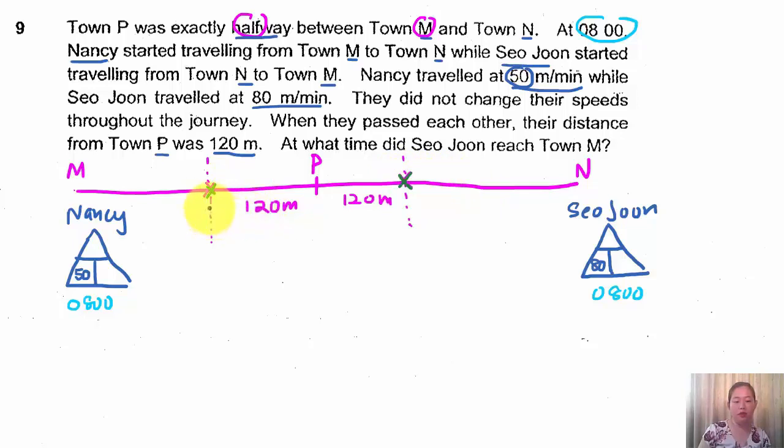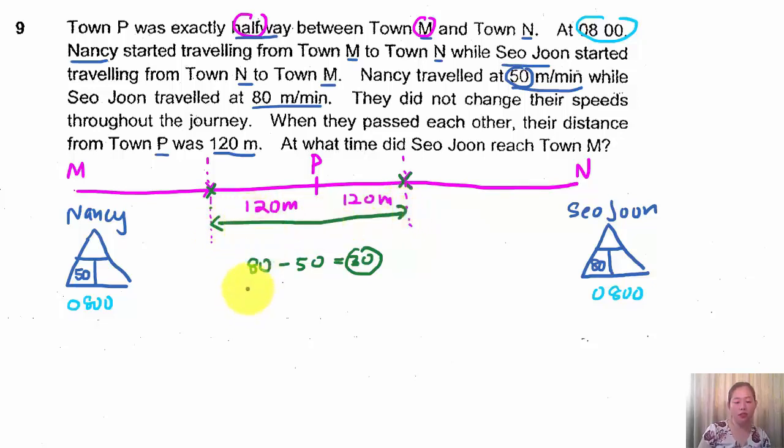But because of the higher speed of Seo Jun, which is 80 minus 50, equals 30, it was this extra speed per minute that caused Seo Jun to travel extra distance.